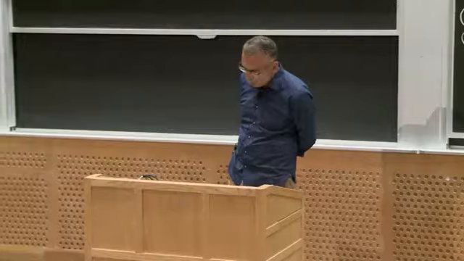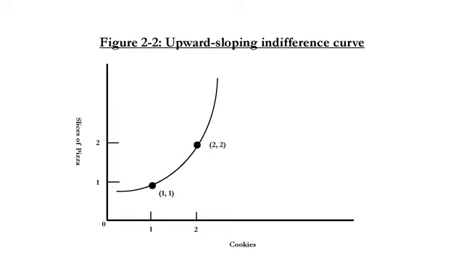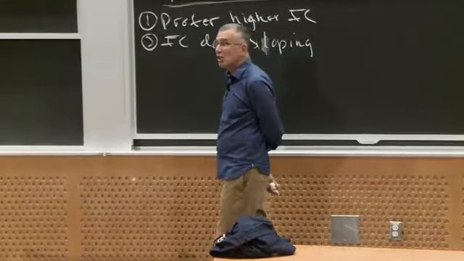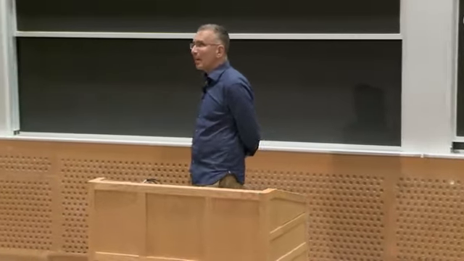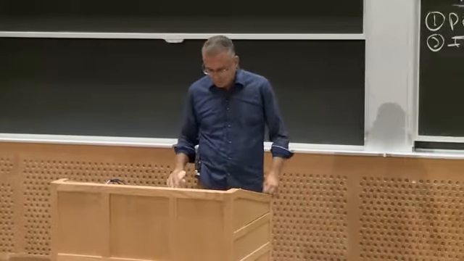Look at figure 2.2 with an upward sloping indifference curve. This is just one particular kind of upward sloping indifference curve, but it's true for all of them. If the indifference curve is upward sloping, that means you'd be indifferent between 1 cookie and 1 slice of pizza and 2 cookies and 2 slices of pizza. That would violate non-satiation. You can't be indifferent between less and more. You have to always like more better. So indifference curves have to be downward sloping through non-satiation.